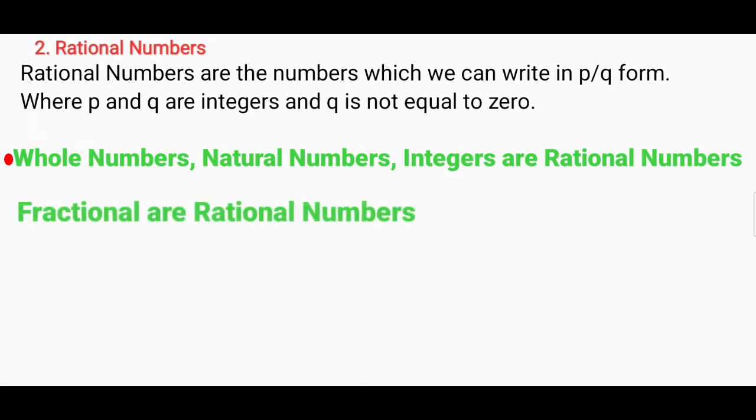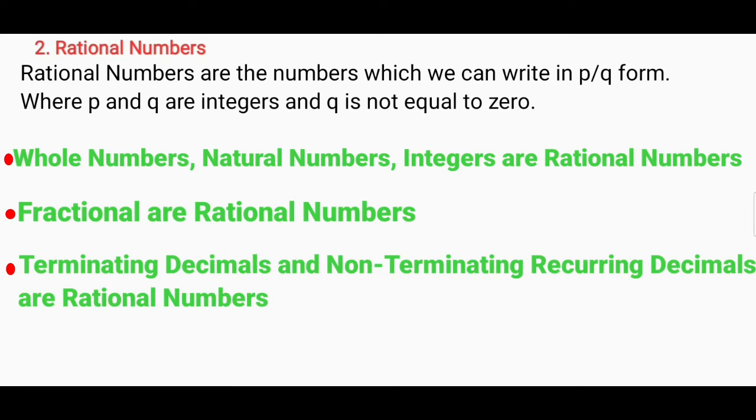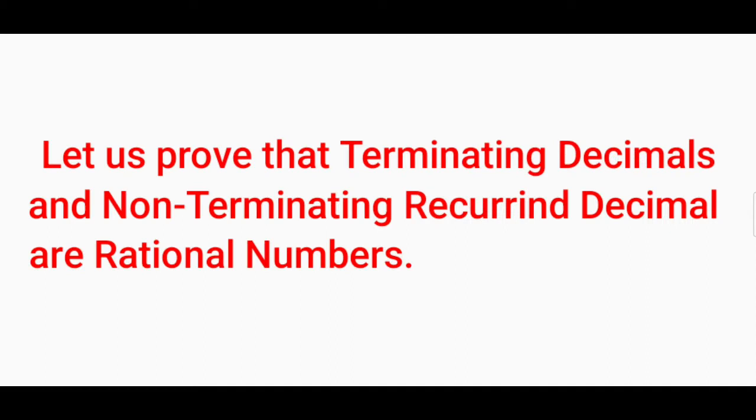All fractions are rational numbers, and in the previous topic we have learned that terminating decimals and non-terminating recurring decimals are also rational numbers. With the help of a few examples, I will prove how the terminating decimals and non-terminating recurring decimals are rational numbers. So let's get started. For that I will take 2-3 examples.